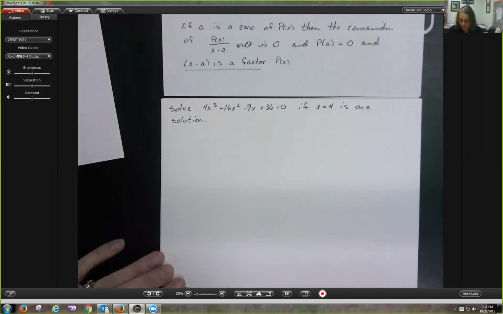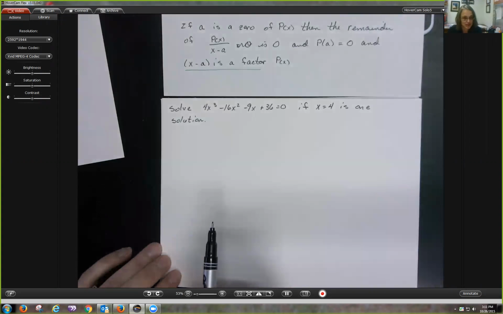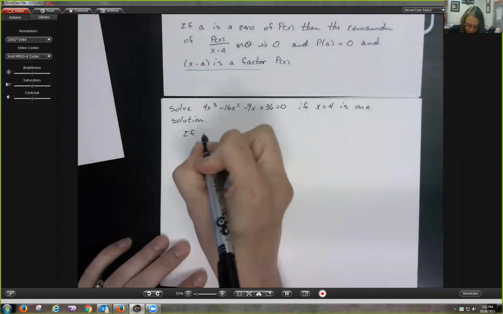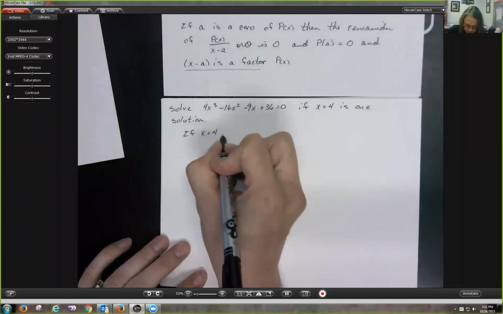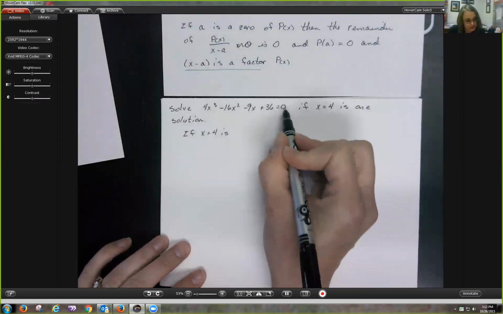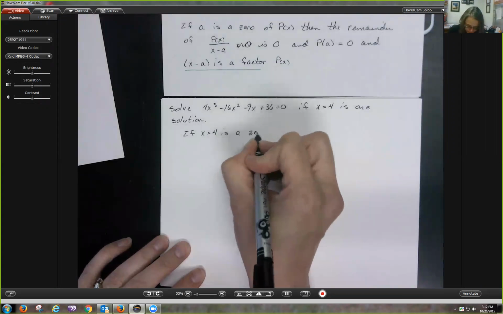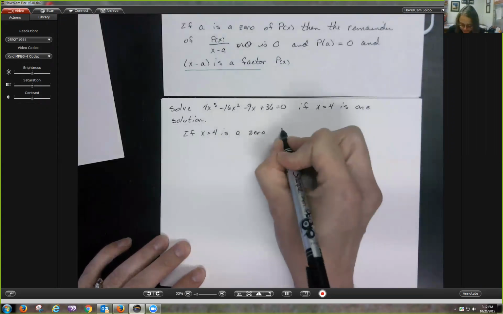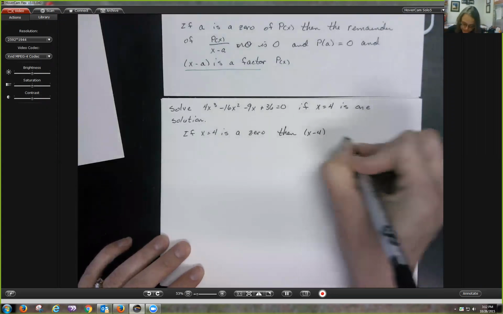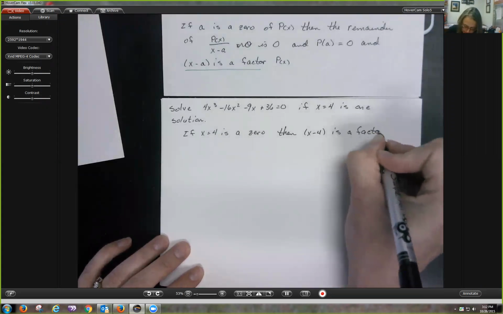So what we know, and this, by the way, is the same polynomial we were just working with, is that if x equals 4 is a solution to this equation, that means it's a 0, because my equation equals 0. Then x minus 4 is a factor, which we already proved.